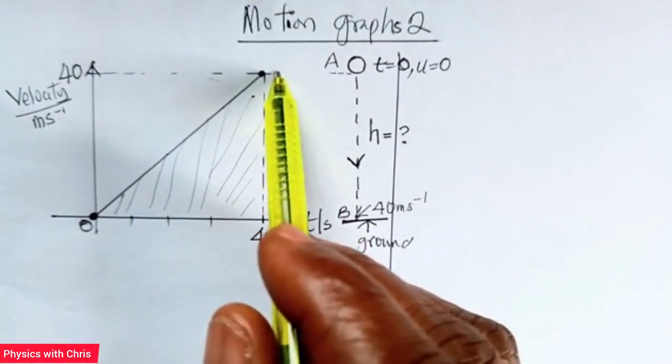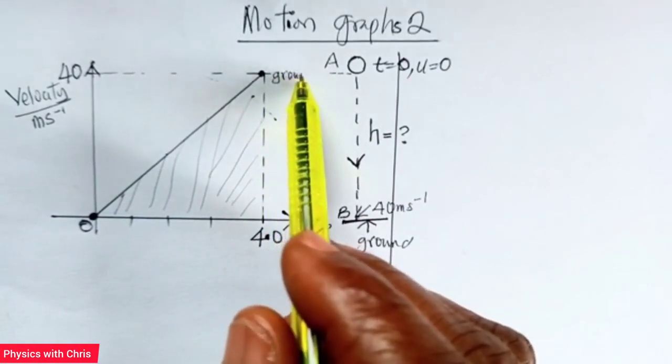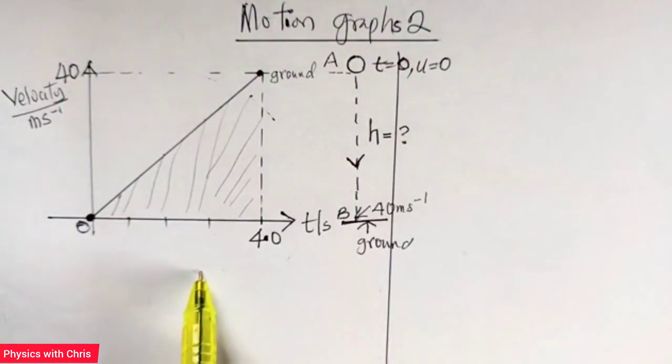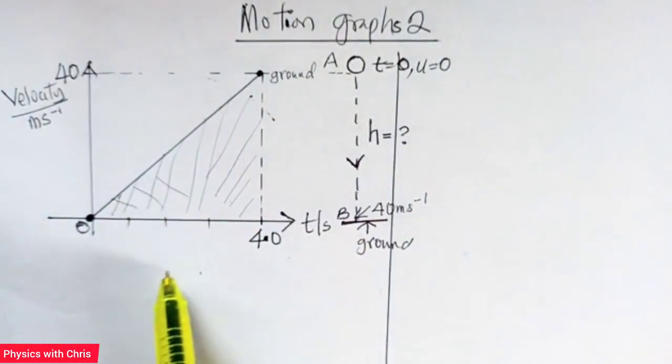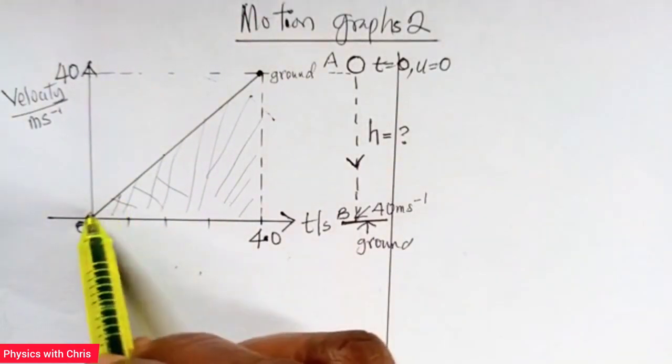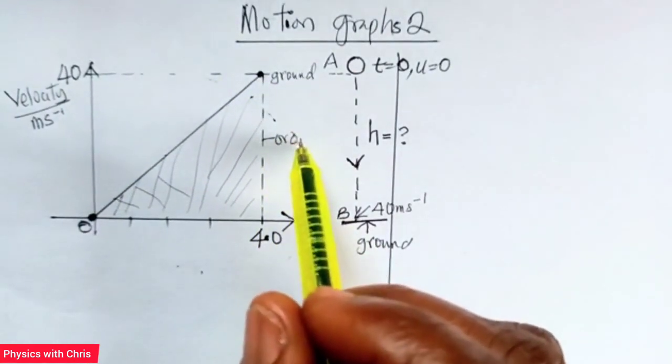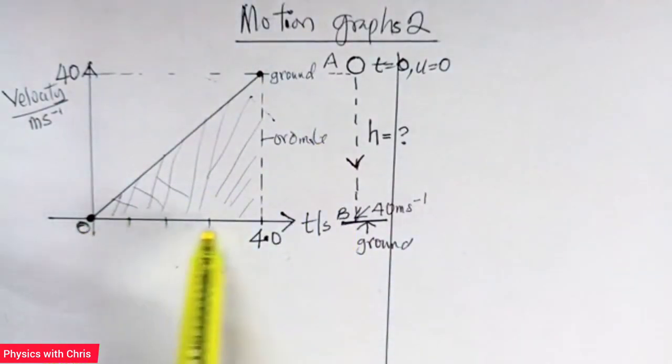So this is where the body strikes the ground, because at that point the speed is roughly 40 meters per second. So the area under the graph is bounded by the graph line, by the y-axis, which is called the ordinate, and the time axis.